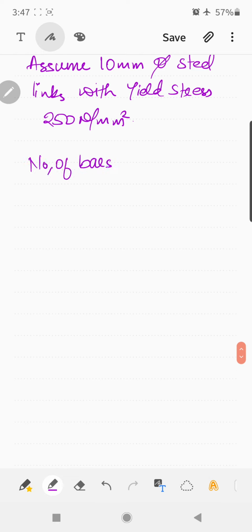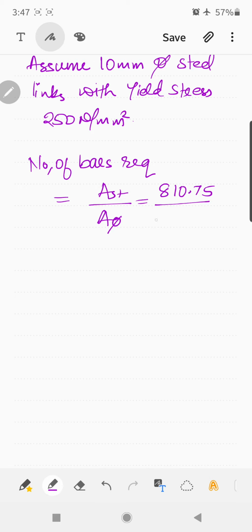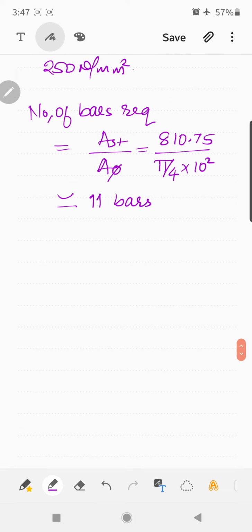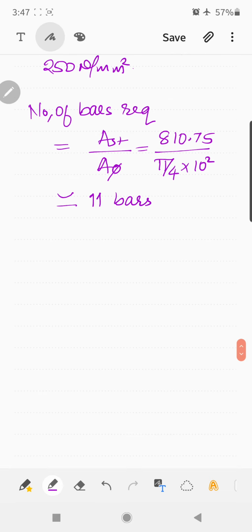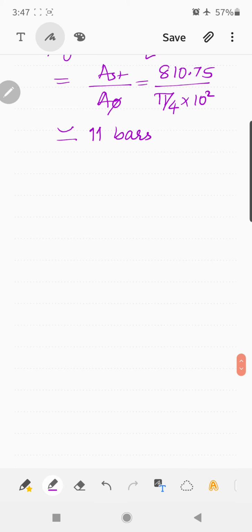Number of bars required is equal to AST divided by the area of a single bar. AST is 810.75, and the area of a single bar is pi by 4 into 10 square. So you'll get approximately 11 bars. But we have to provide this steel in the form of a mesh, so you require even numbers. So let it be 12 bars.